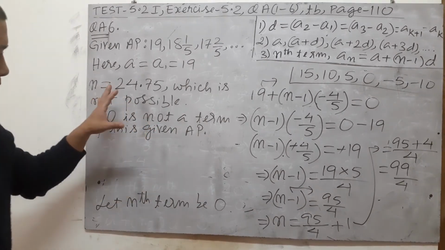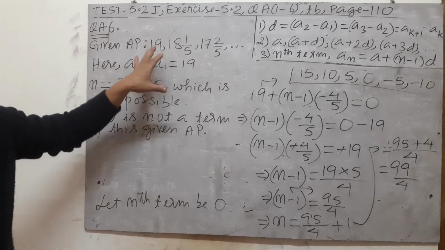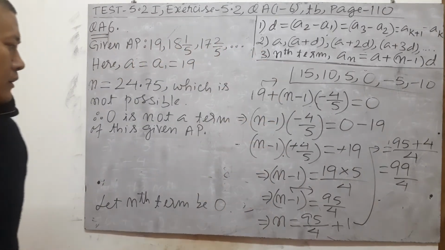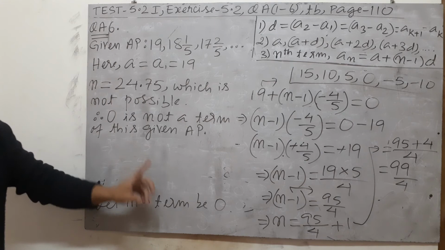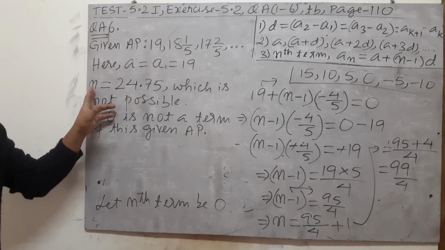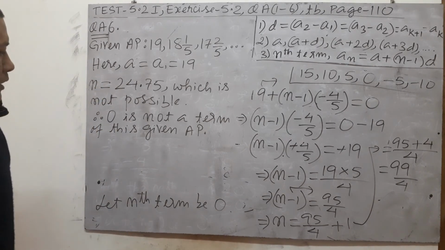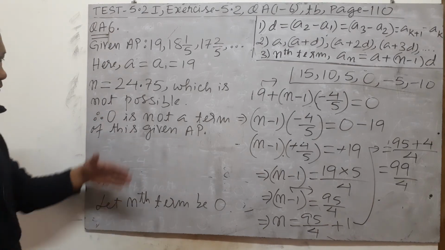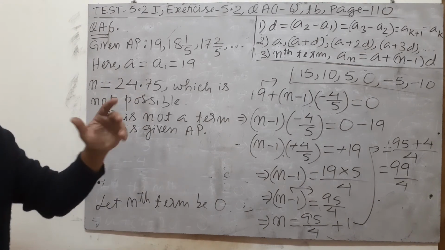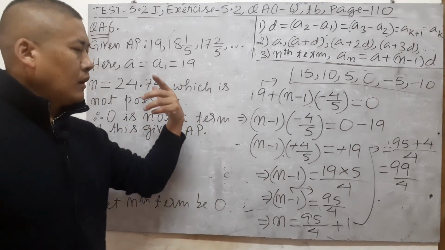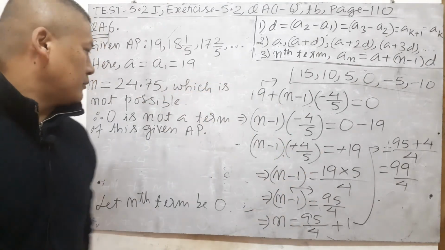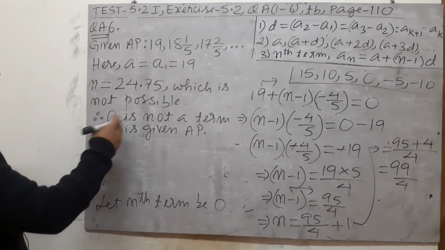So 0 is therefore not a term inside this. You will not find 0 in this series. That's for sure, because its position assumed to be nth term is coming out in decimal form. Even though that's not possible, it throws light on which term will be the first negative term.